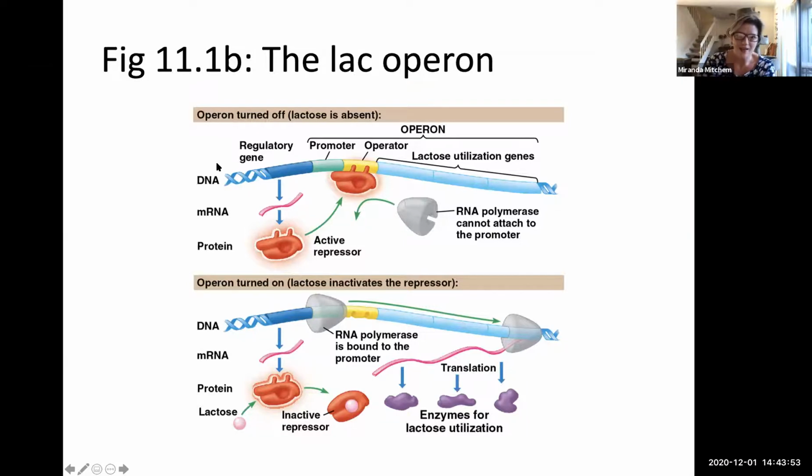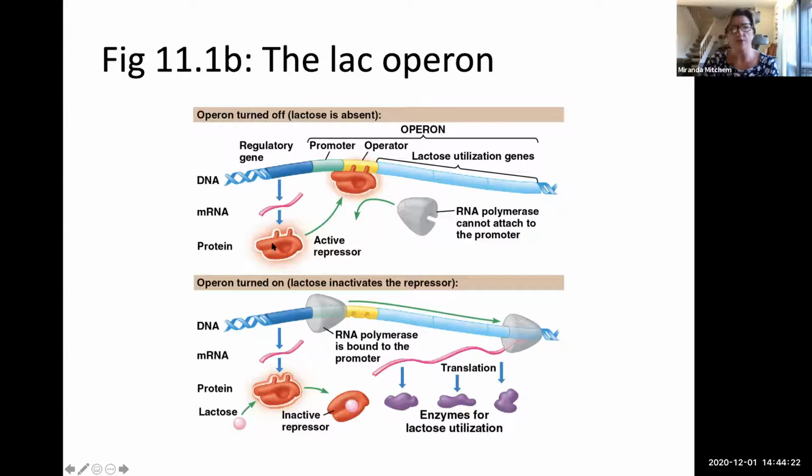Right outside of the operon is the regulatory gene. So it is not in the operon, it is adjacent to it so that it can work at a slightly different time, and you'll see what it does. So the regulatory gene is transcribed into its messenger RNA, and then it is translated into protein.